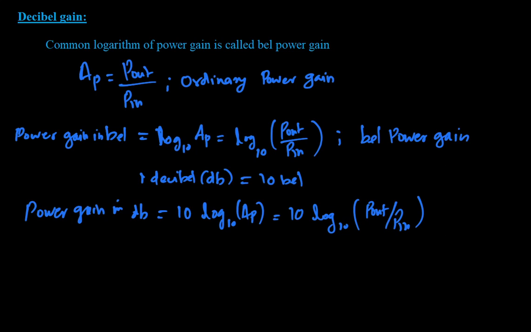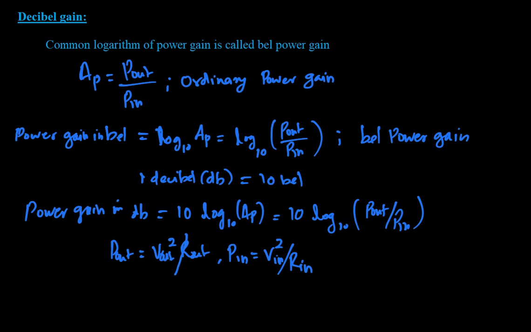Now if we consider the output power as P out is equal to V out square divided by R out, that is V out square by RL, and P in, the input power, is equal to V in square divided by R in, then the above equation can be expressed in terms of the voltage.